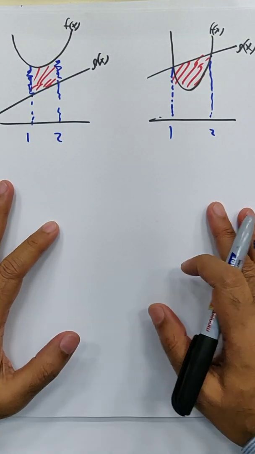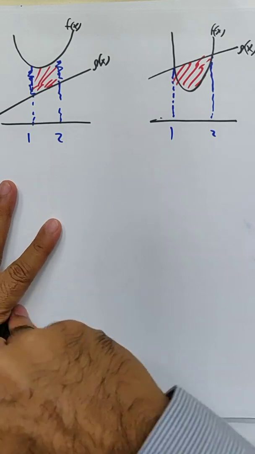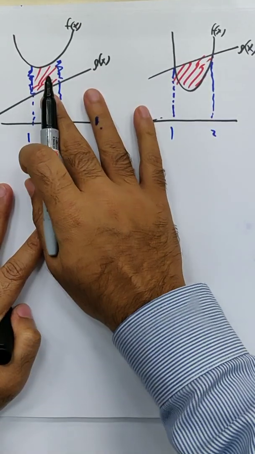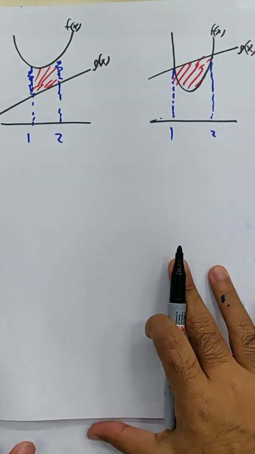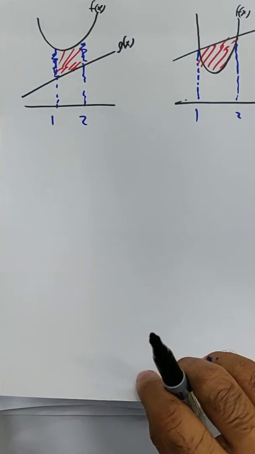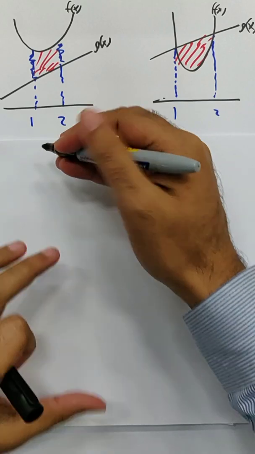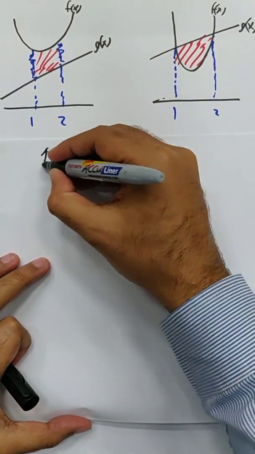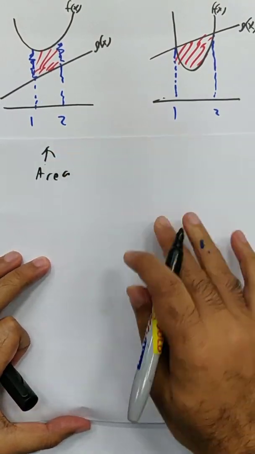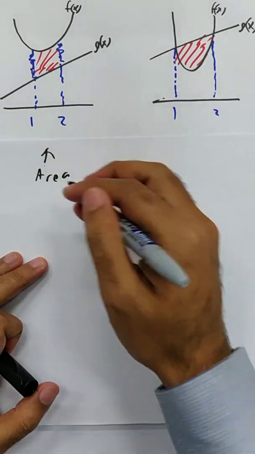The graphs are slightly different and the calculations are slightly different as well. Because the left side here, if I want to find the area, let's try to look at the left side first. If I want to find the area, mentally I'll calculate it something like this.